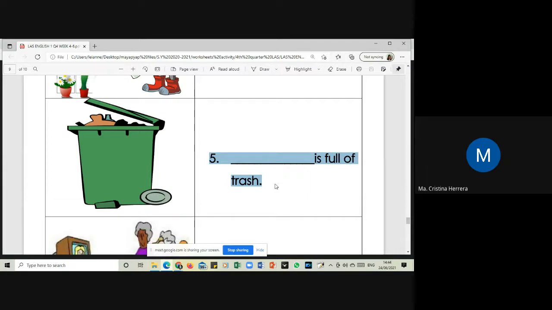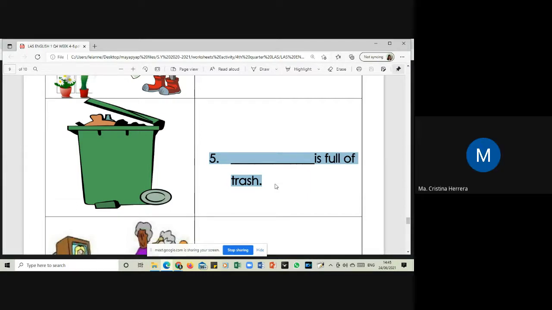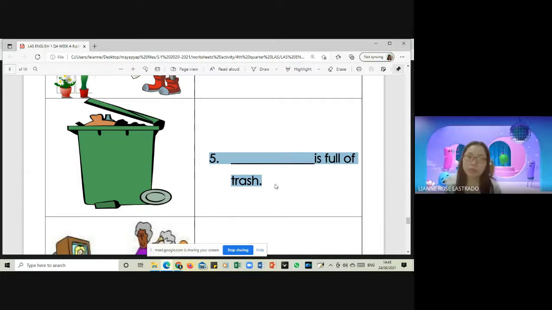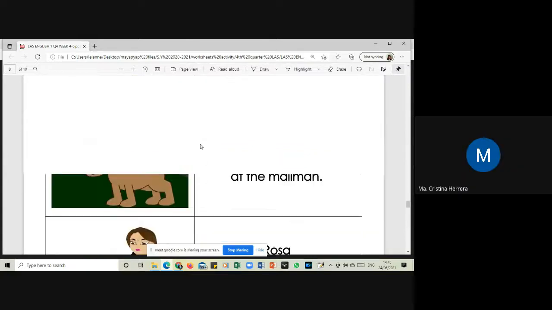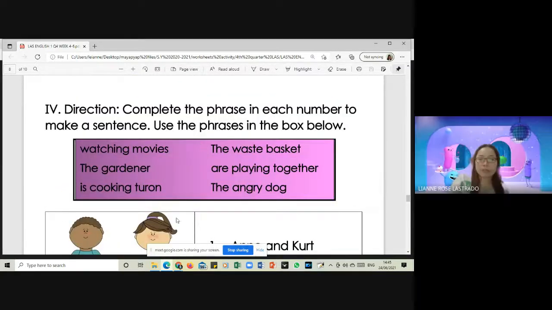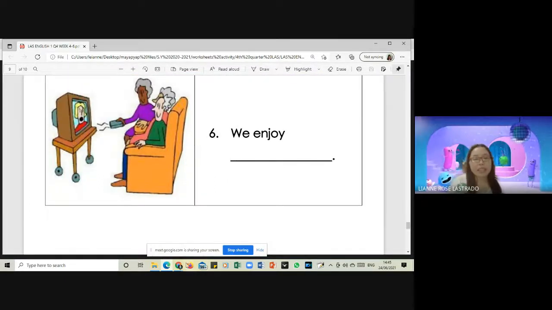Sweet Aliyah, what is the answer for number five? The waste basket. The waste basket is full of trash. Okay. And for number six, we enjoy blank.